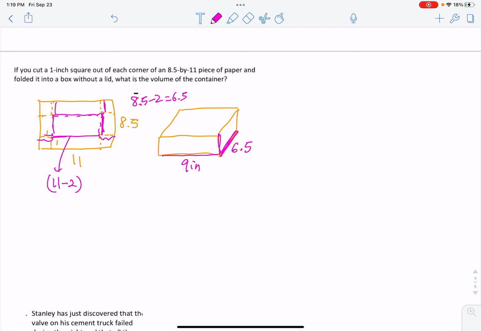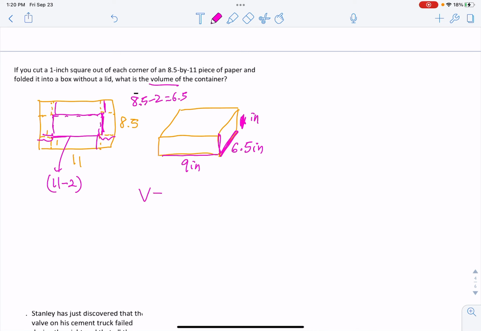All those things become a height. So 1 inch as a height. So the new box that is made, the prism, will be 9 inches and 6.5 inches for the base shape, and then 1 inch for the height. And they're asking for the volume.